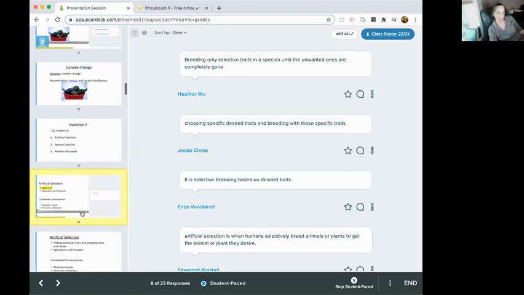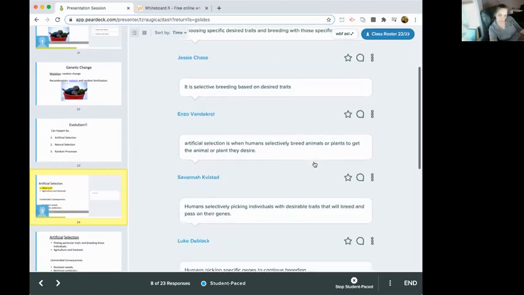So I'm just looking at your answer 20, slide 24. So artificial, the main difference here, right, is we choose. So nature's not choosing, predators are not choosing, climate is not choosing who lives and dies, humans are choosing who lives and dies, right, for specific traits.